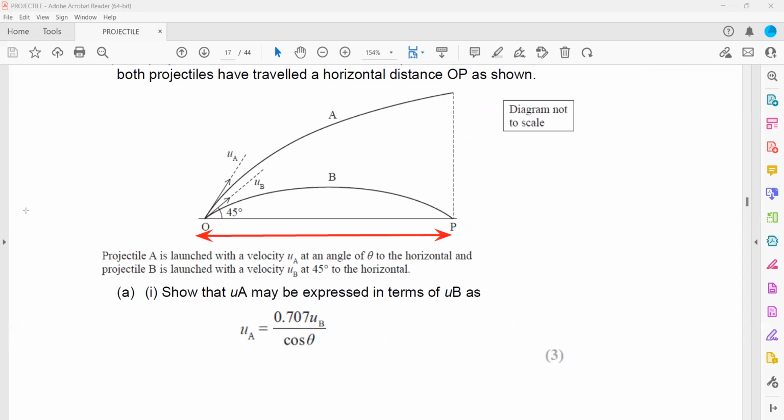So we have UA, and the launching angle of UA is theta. And there is UB, and its launching angle is 45.